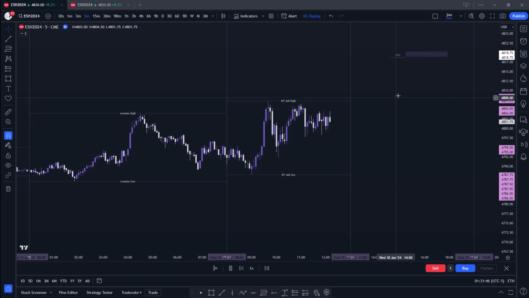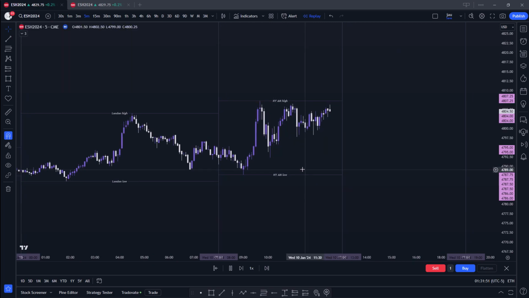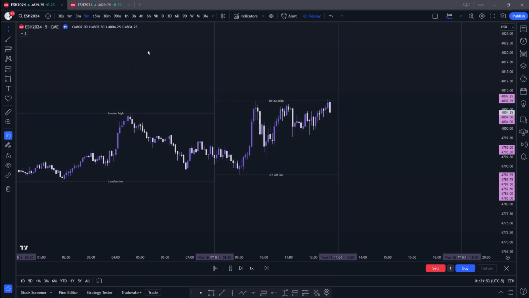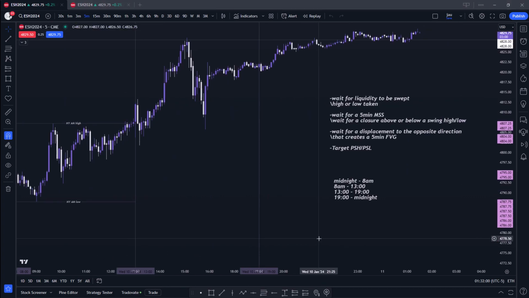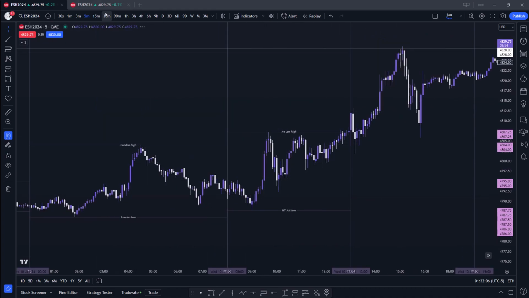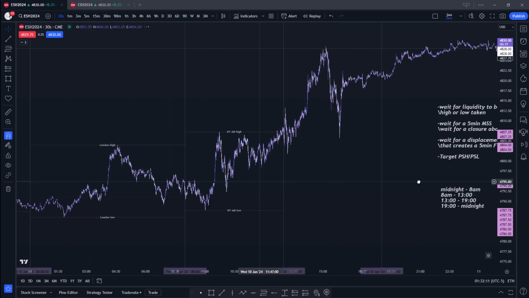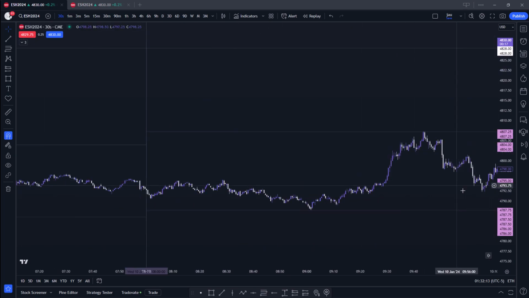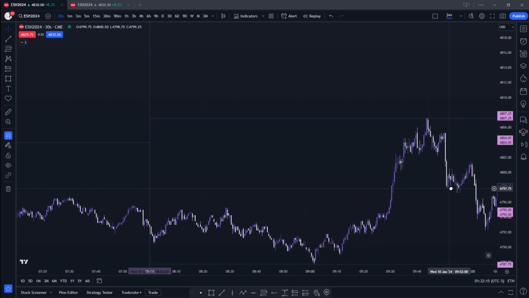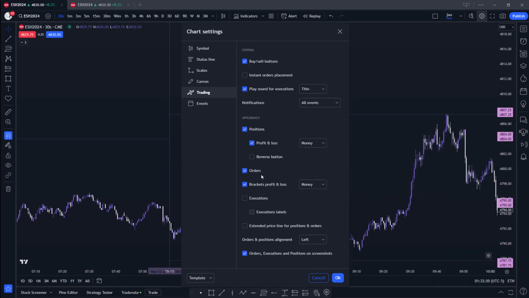So that's all I have for now. I don't necessarily have anything else to add. For those interested in seeing the trade I took there, actually let's go back to the 15 seconds chart. Let's enable my executions.